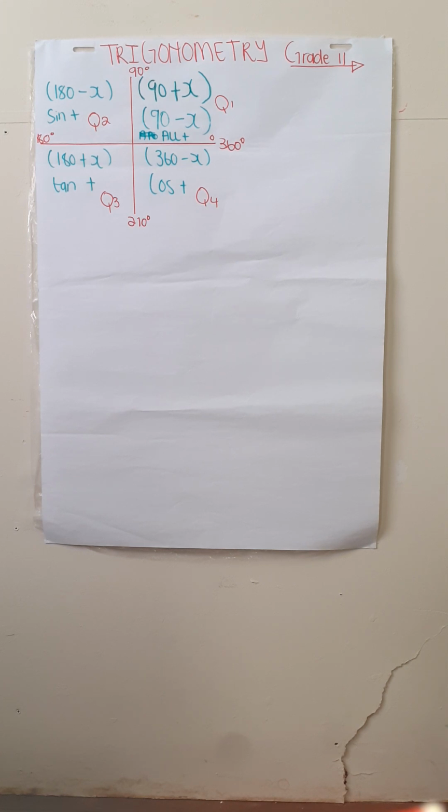When you see cos(90 plus x), you know that cos is negative. And when you see sine(90 minus x), you know sine is positive in that quadrant. When you see tan(90 minus x), you know that tan is positive in that quadrant, and cos, just like I have indicated.